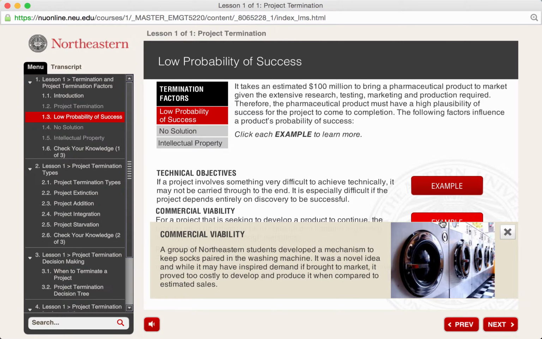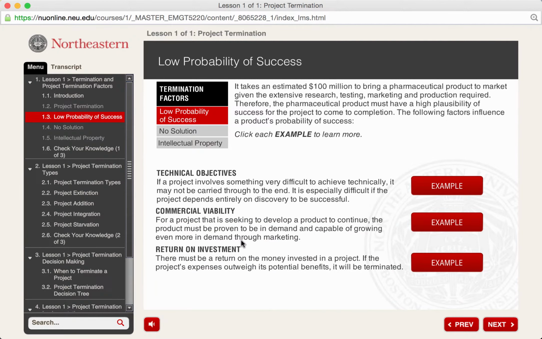This one is commercial viability, talking about Northeastern students, and when they developed a special kind of sock that goes on a washing machine. All right, so we have the big category, we have the big title, we have it broken down into kind of bullet information, and then we have an example.